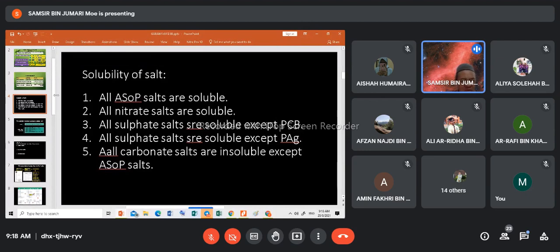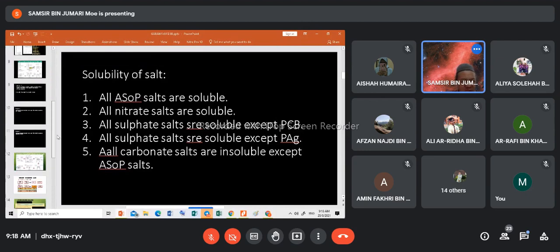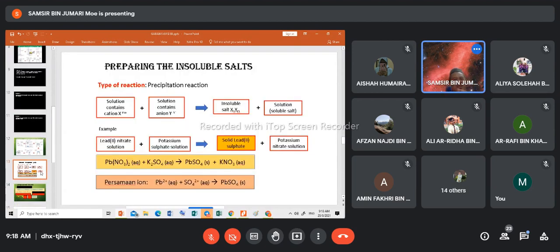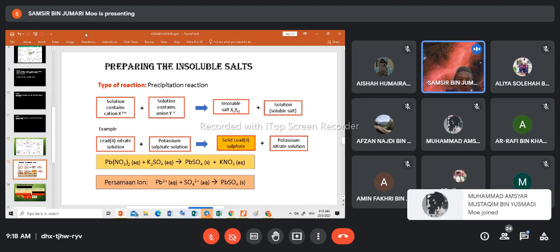Okay, now we want to prepare the insoluble salts. The type of the reaction is precipitation reaction, from the word precipitate. The precipitate means the solid in the solution from the reaction between the solutions.